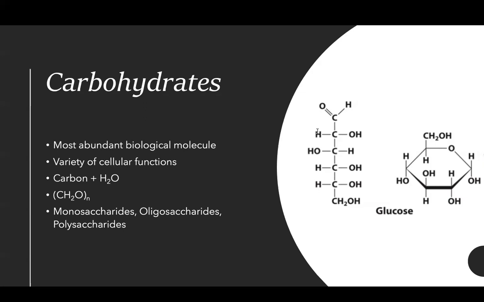So usually a carbohydrate would be some sort of carbon molecule that reacts with H2O to form a carbohydrate. And the structure of a regular carbohydrate would be CH2O, and that is a repeating unit of at least 3 of those.